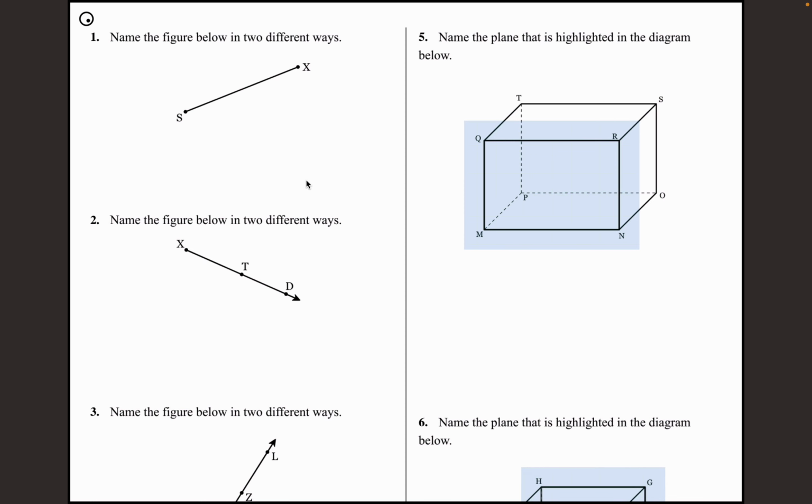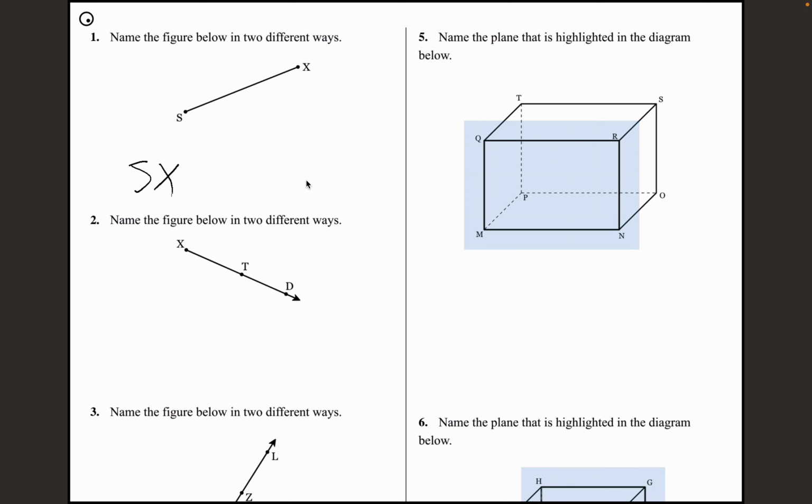Who can tell me one way we can name number 1? It is a line segment, but how can we name the figure below in 2 different ways? Well, what letters does it say on there? So if I put SX, then what do I have to do with that?